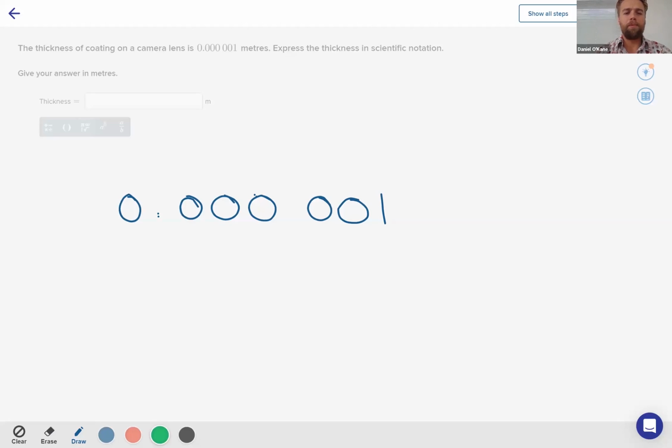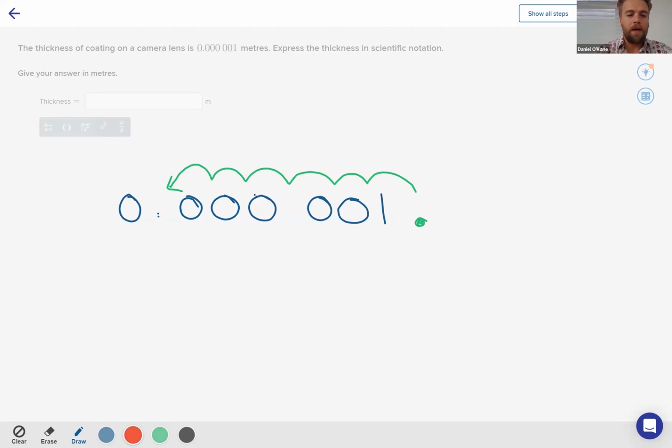I could jump backwards 1, 2, 3, 4, 5, 6 times from the end of the number to that 0 at the end there. That's 6 jumps in order to go from where the decimal place is now to where it's supposed to be, okay?